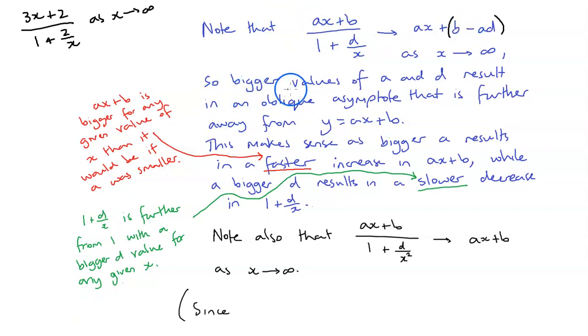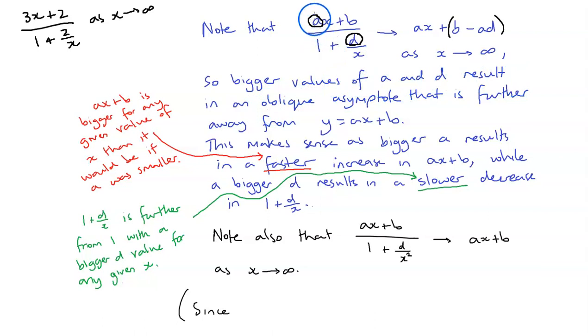And that means that bigger values of a and d result in an oblique asymptote that is further away from y = ax + b, because the values of a and d control, I guess, the rate of increase of the ax part and the rate of decrease of the d over x part.